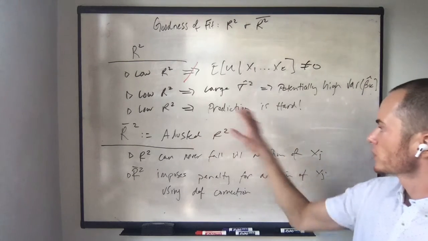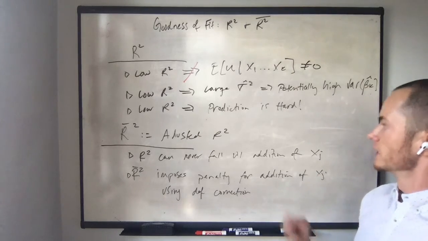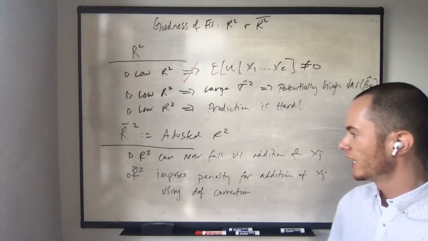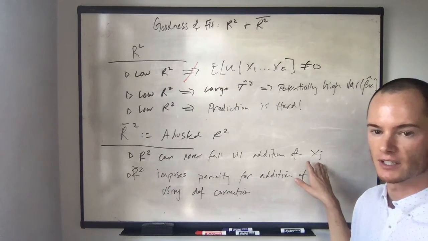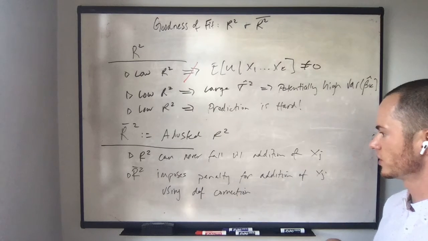So a low r squared makes prediction hard. All right. There's another caveat with r squared, and that is that r squared can never fall with an addition of an independent variable, some independent variable xj.